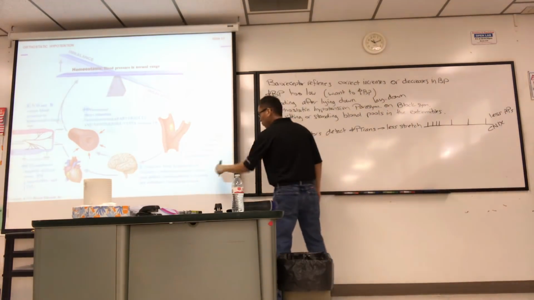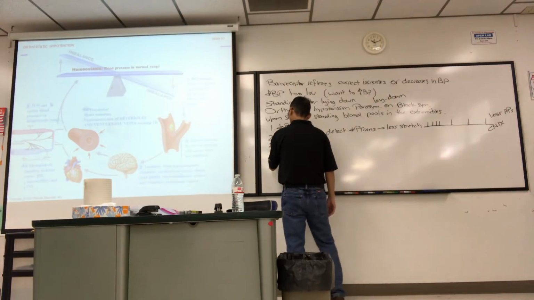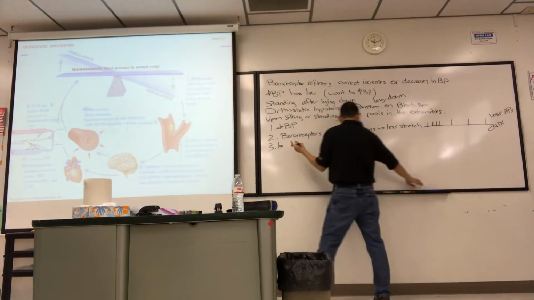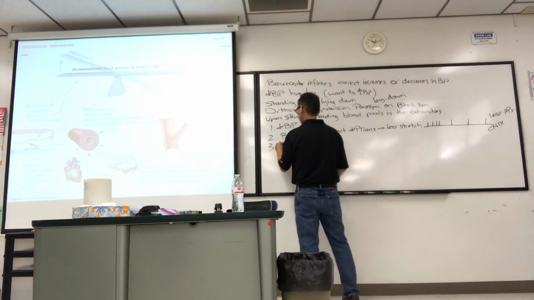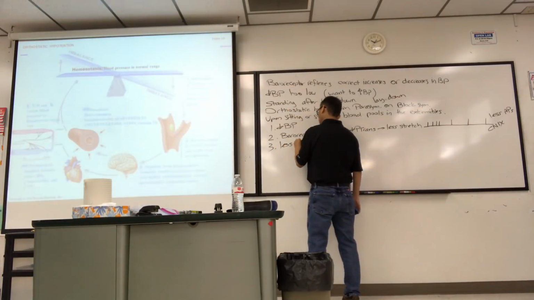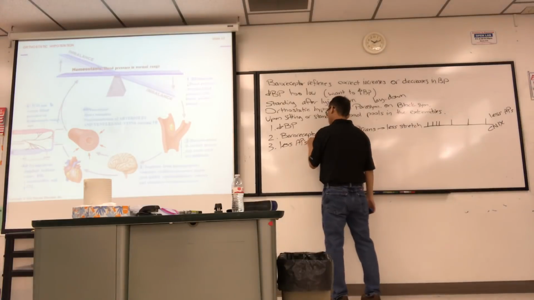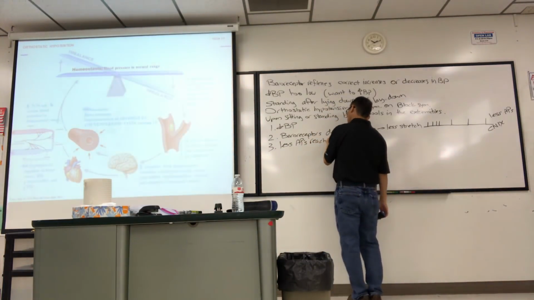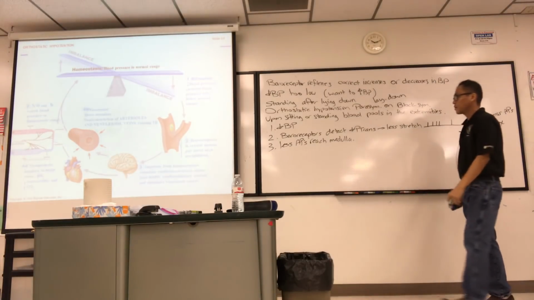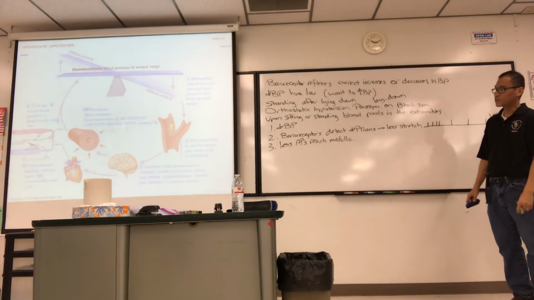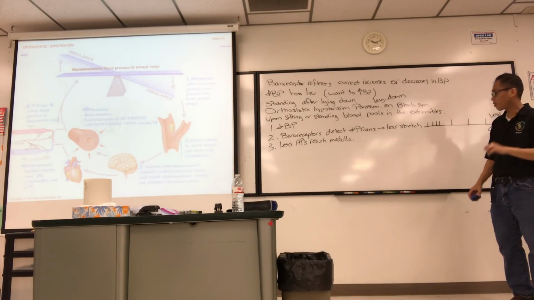So get down to number 3. I'll say less APs reach medulla. You still talk about the same centers we talked about before in the medulla, the cardiovascular center.